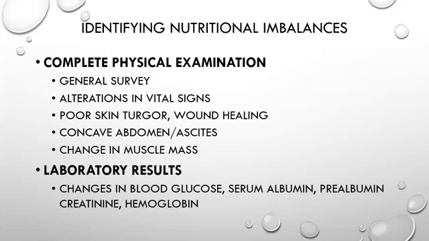And then ascites is super swelling in the abdomen, so it almost makes somebody look pregnant, okay? A lot of times you'll see that in liver failure, alcohol use as well, things like that. And then a change in muscle mass, okay?